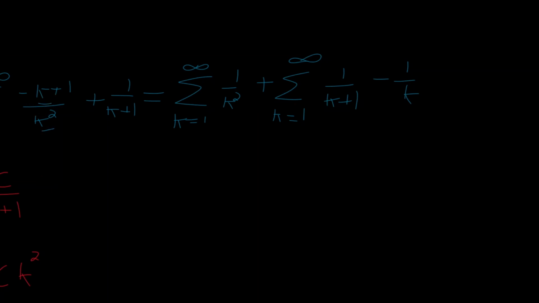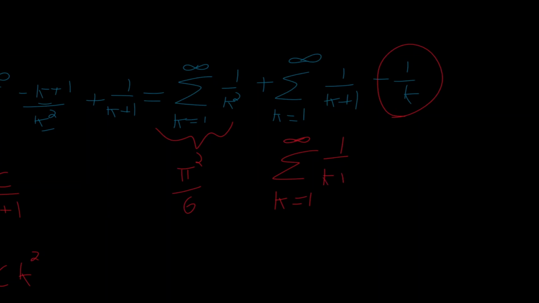Straight off the bat, we can say that this sum right here is pi squared over 6. We know that. That's kind of famous. But the sum on the right, one way we can evaluate it is by taking a look at specifically this part right here. The first part isn't going to change, so we have the sum from k equals 1 to infinity of 1 over k plus 1.